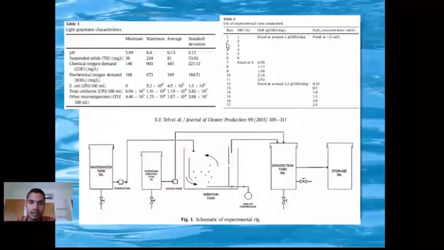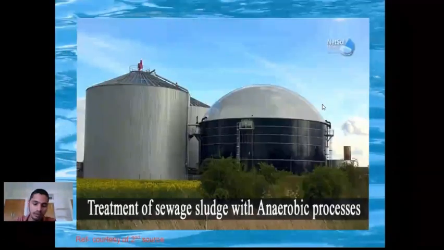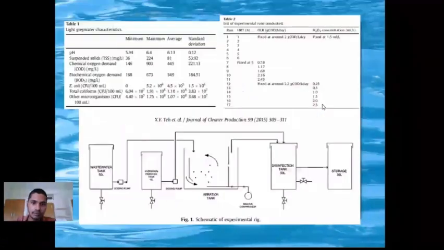In this paper, the researchers use different levels of retention time in an aeration tank, which further underwent different loads of grey water, and this was further tested with H2O2, which was used as a disinfectant.